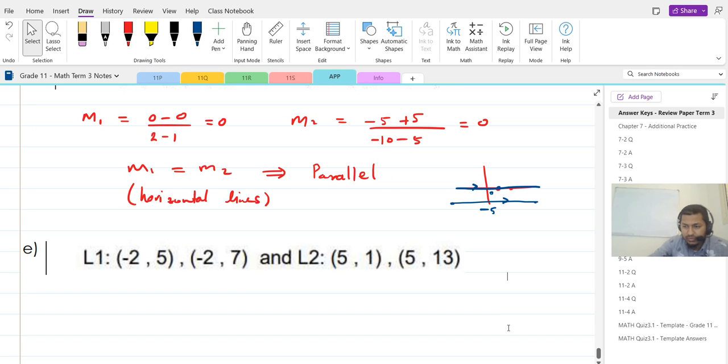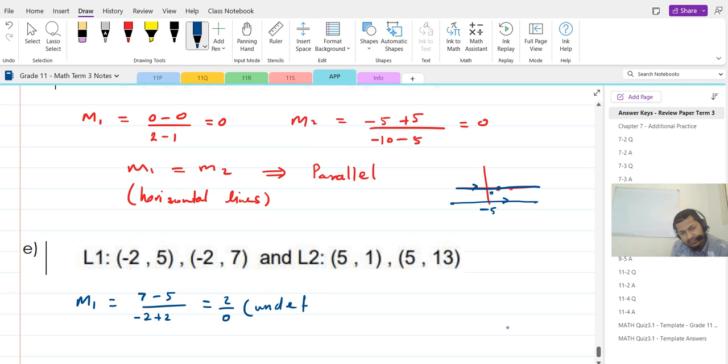So what we have here is m1: 7 minus 5 over negative 2 plus 2. Now what do we have? We have 2 over 0. Now 2 over 0 is undefined. Now when the slope is undefined, then we have a vertical line, right?